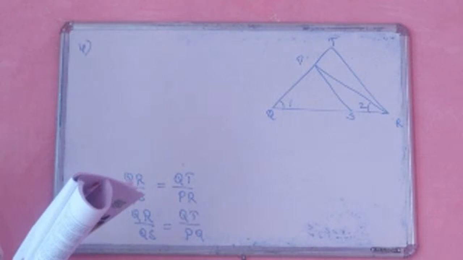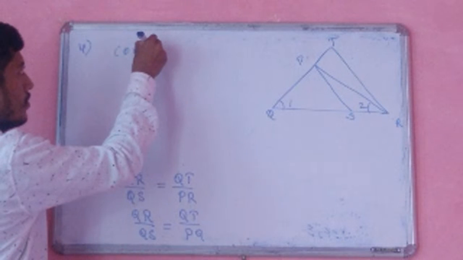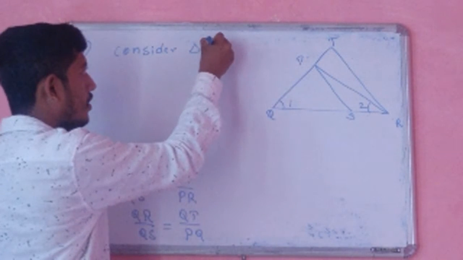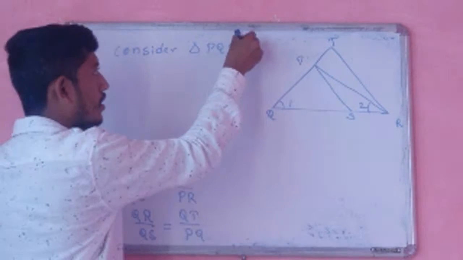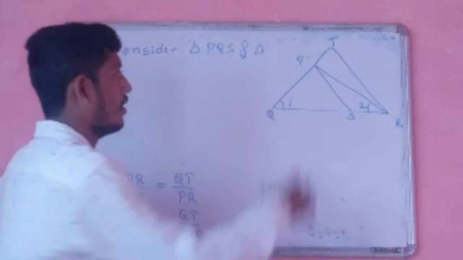So I consider triangle PQS and triangle TQR.